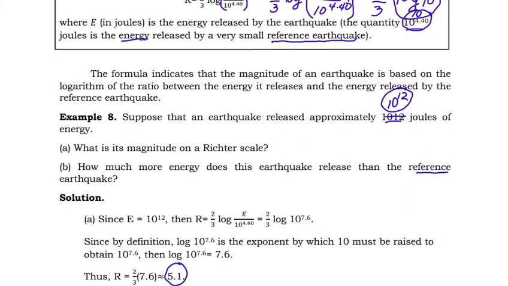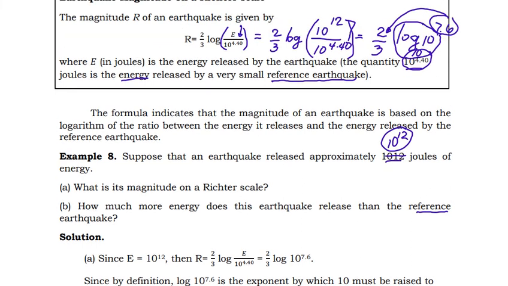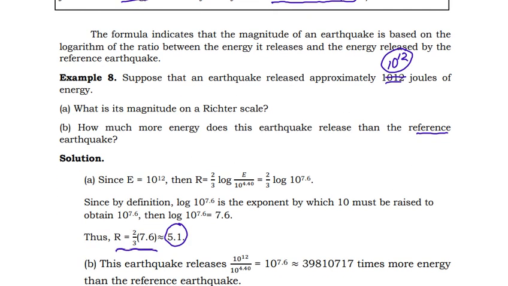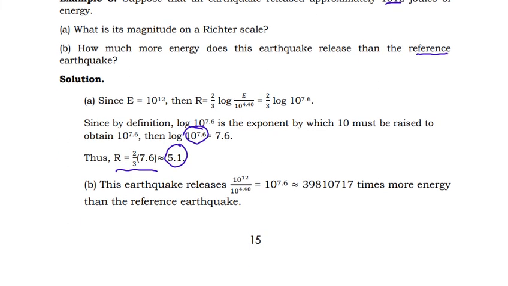We know that this is 10 to the 7.6, and therefore the energy is 10 to the power of 7.6 more times than the reference earthquake. So it means that the earthquake releases 10 to the power of 7.6, which is equivalently to 39,810,717 times more energy than the reference earthquake. So that is how to write. Or we write 10 to the power of 7.6.